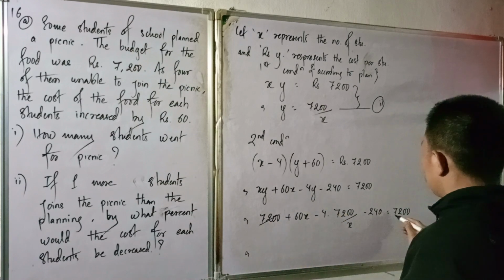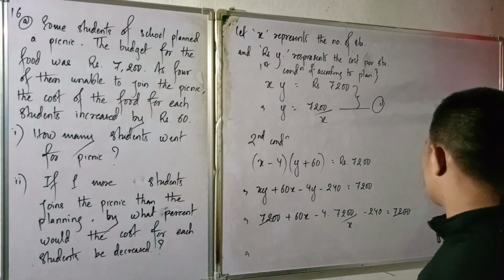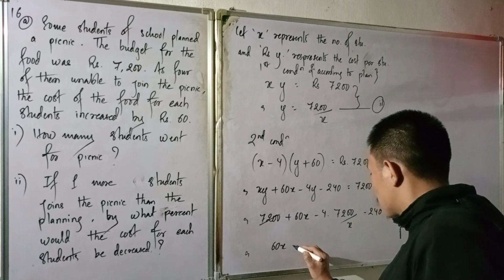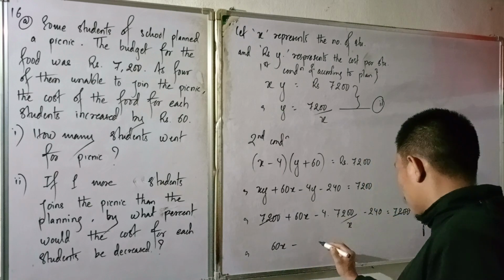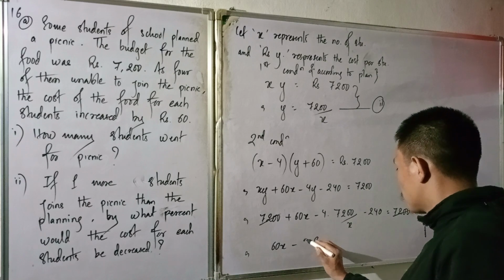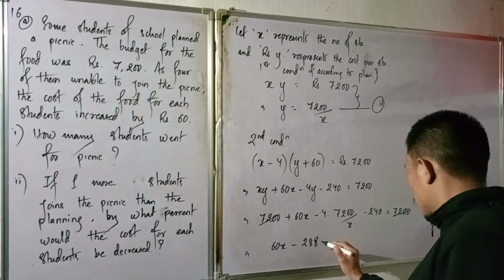We can cancel this 7200 on both sides. Now 60X minus 4 times 7200 by X... 4 7s are 28.